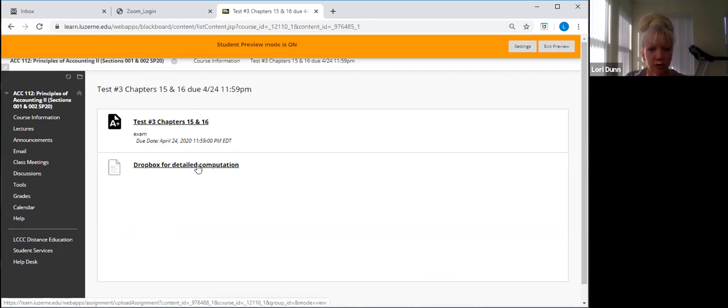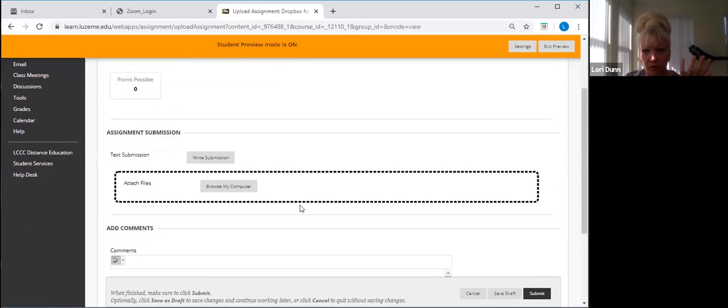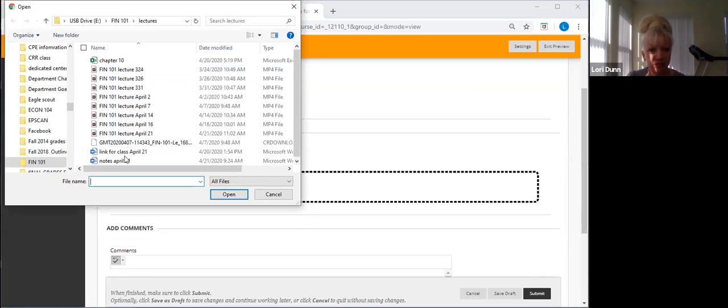Here is your area if you are interested in showing me how you came up with certain computations. You have to make sure they're in a computerized format, so either you take pictures of them, you scan them, or they're in some kind of file. You will browse to attach them. You can attach as many files as you want.